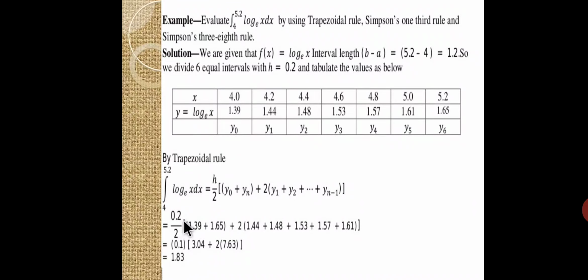The h value is 0.2 by 2, times the starting value y0, 1.39, plus yn, 1.65, plus 2 into the remaining values y1 plus y2 plus y3 plus y4 plus y5, that is 1.44 plus 1.48 plus 1.53 plus 1.57 plus 1.61. The simplified value is 1.83. In the trapezoidal rule, the value of the given integral is 1.83.